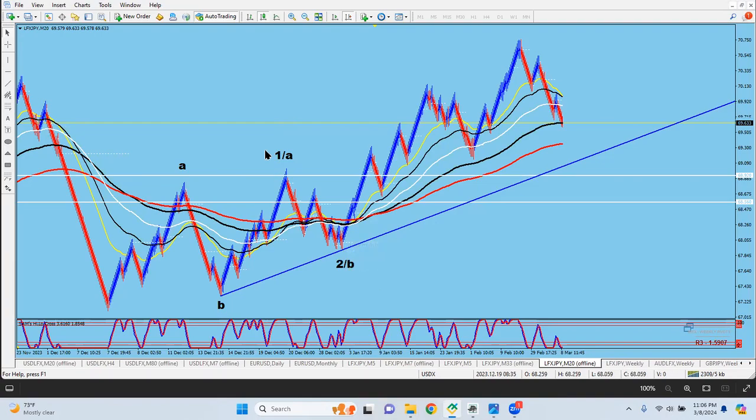Remember always that when we talk about impulse waves, we mark those by numbers, and corrections, we mark them by alphabets, A, B, C, D, right? So this could be both, and then we take the parallel line and place it on the top of wave 1, right? First thing. So we did that, and the price is still here.